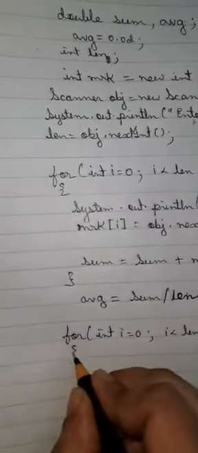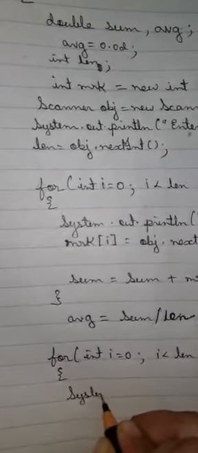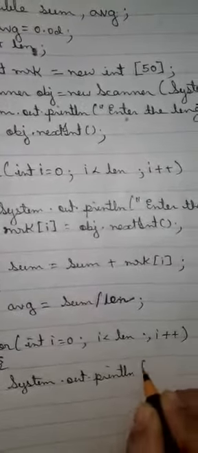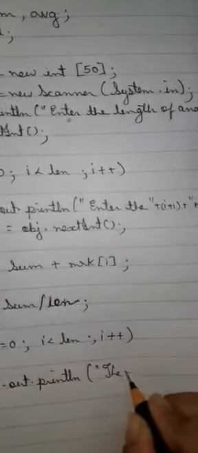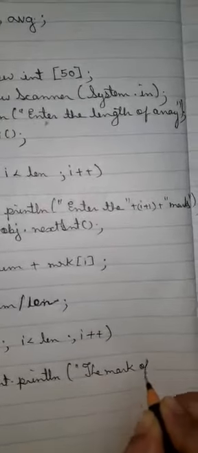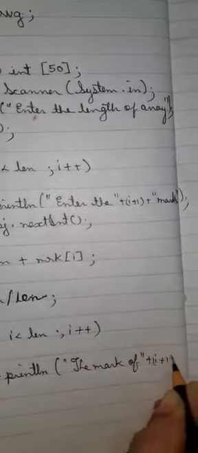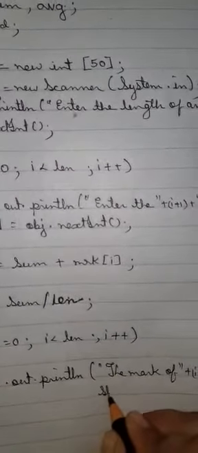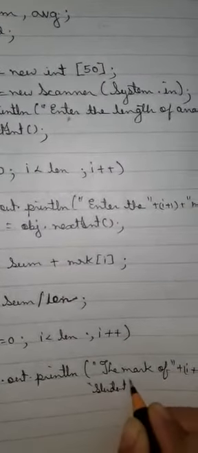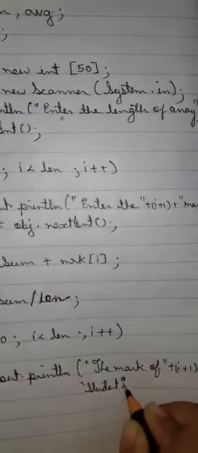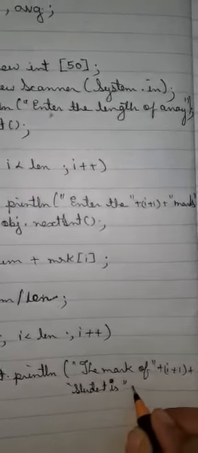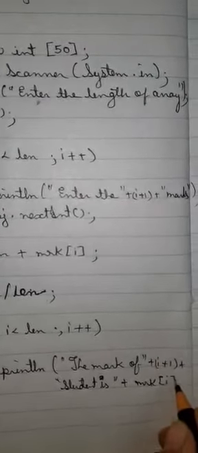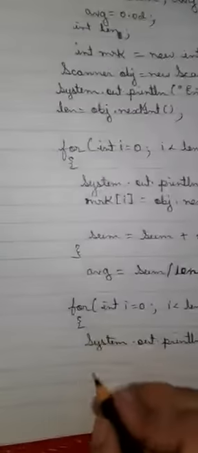I want to display the marks also, so System.out.println("The mark of student is " + mrk[i]). So you are displaying the marks, so you have to give a for loop.